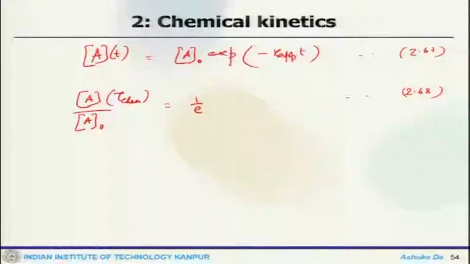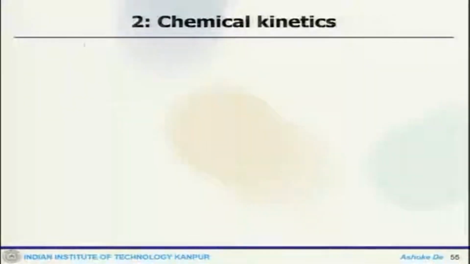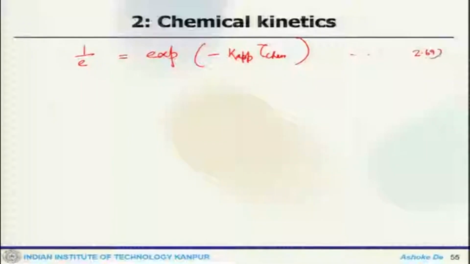Now once we combine these two, equations 2.67 and 2.68, what we get is 1 by E equals exponential minus k f tau chem, which is 2.69, or tau chem is 1 by K app, which is 2.70.